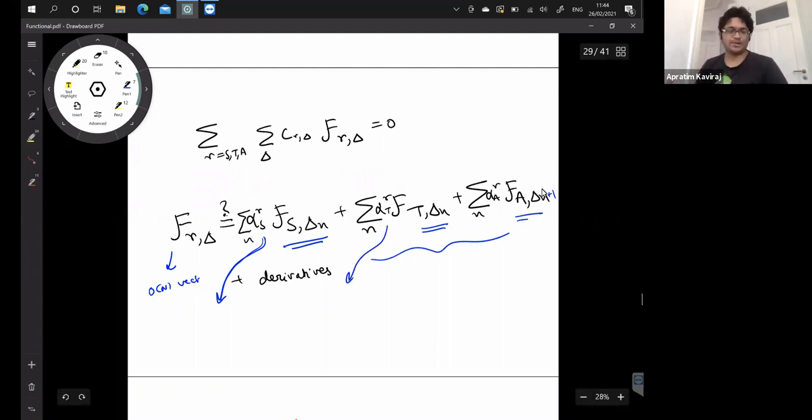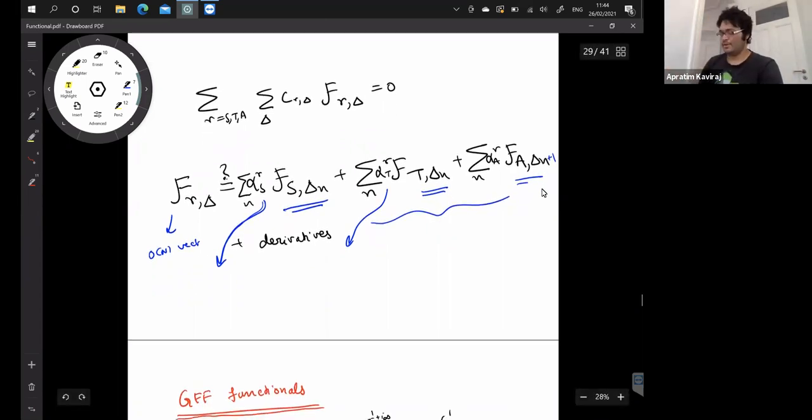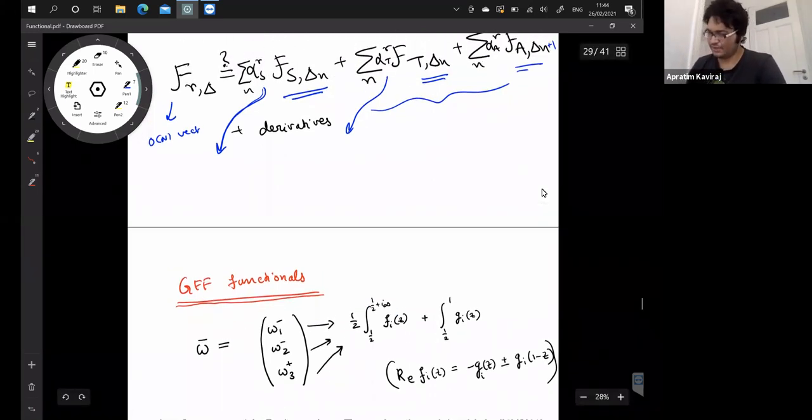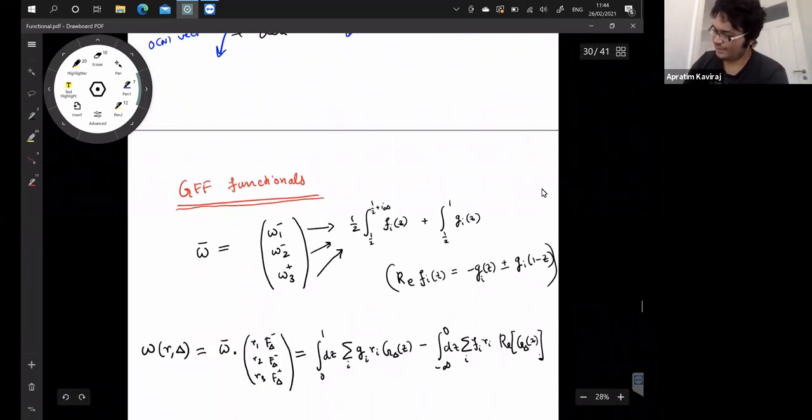If that is possible, I have what I need, and it's almost a proof of the existence of this basis. So the GFF functionals are what I need to get the coefficients of this basis expansion, and the GFF functionals have the following form.